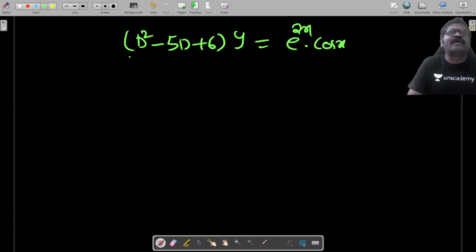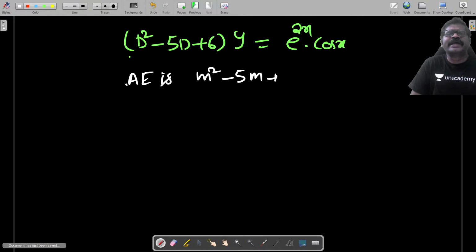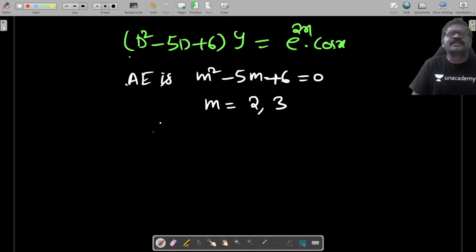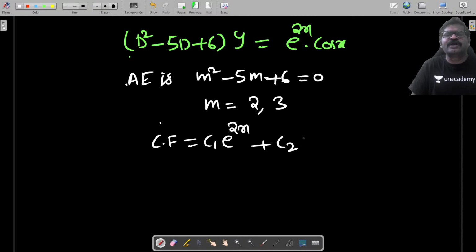Now, the auxiliary equation is m square minus 5m plus 6 equal to 0. M is equal to 2, 3. Therefore, the complementary function is c1 e power 2x plus c2 e power 3x.